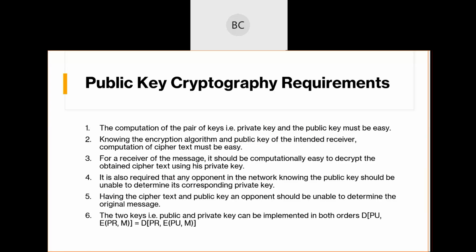Having the ciphertext and the public key, an opponent should be unable to determine the original message. And the two keys, public and private, can be applied in either order. This equation we have already seen earlier. So these are the main requirements. The main thing is that key generation, of the public and private key, should be easy on both the sender and receiver side.